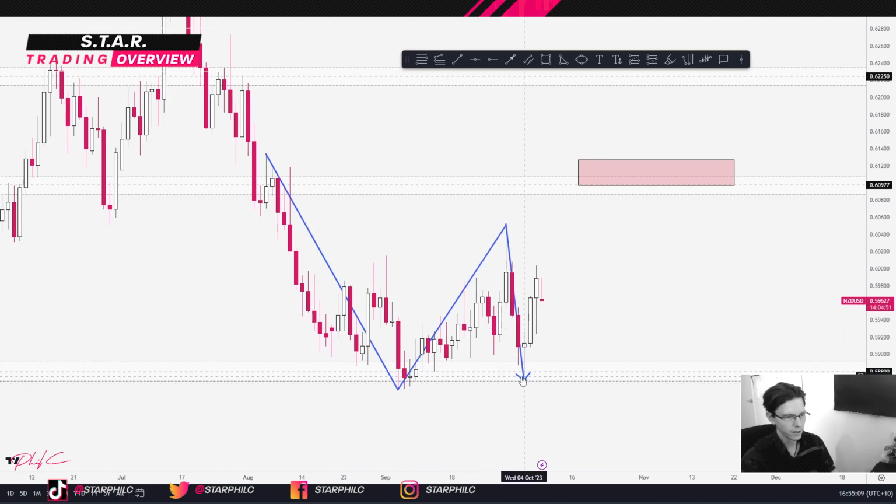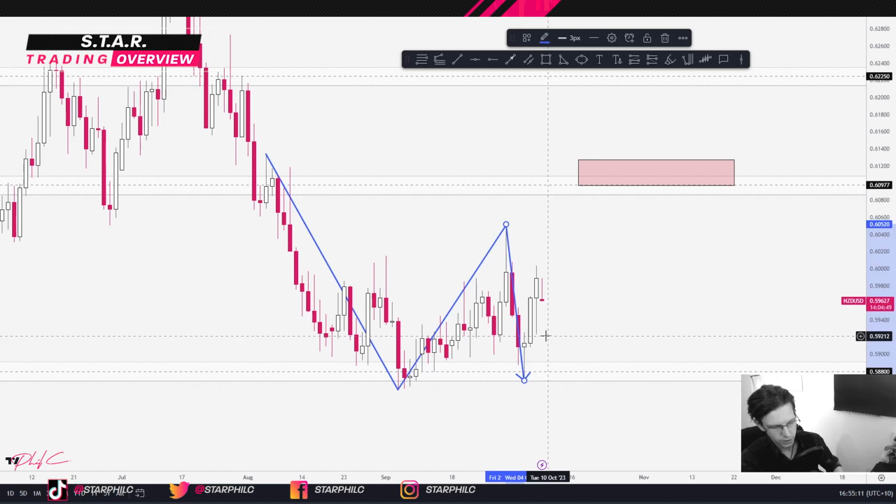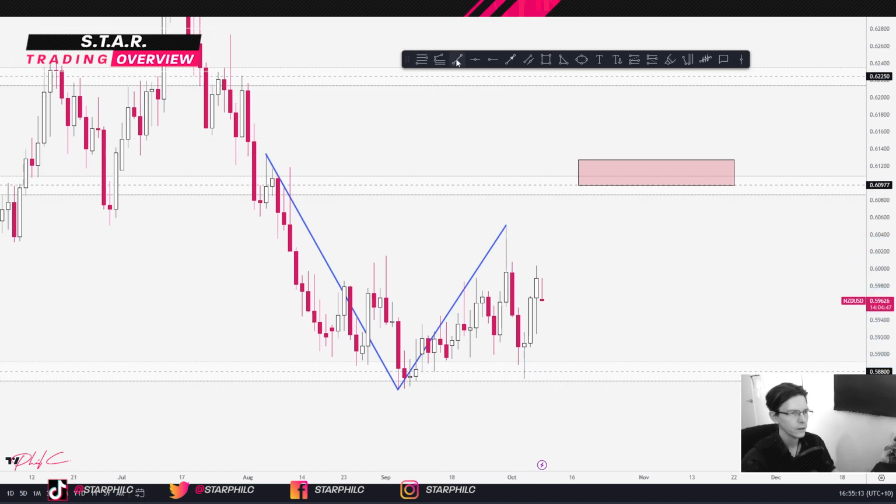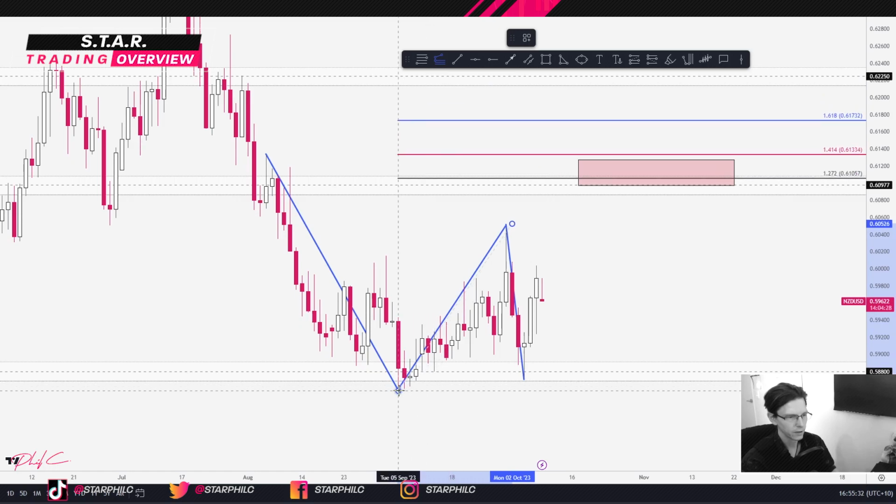Price action comes down and gives us condition 2. And now what we're looking for is condition 3 at a 127 from our 618. Right? So grab a Fibonacci extension, go from swing low up to the 618 and back down again.